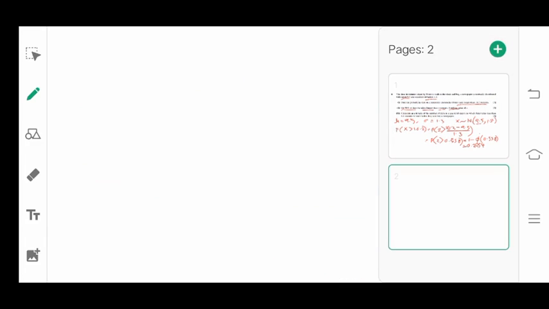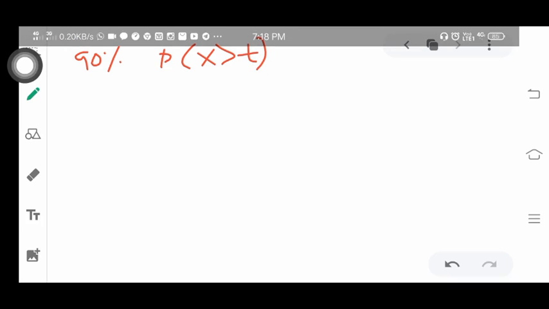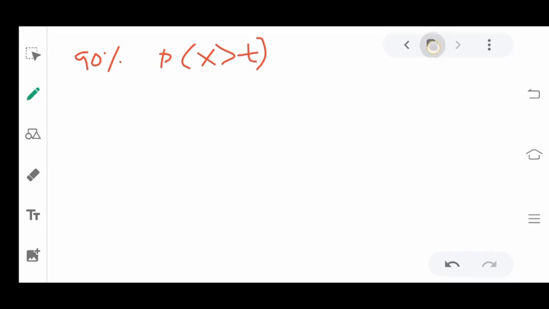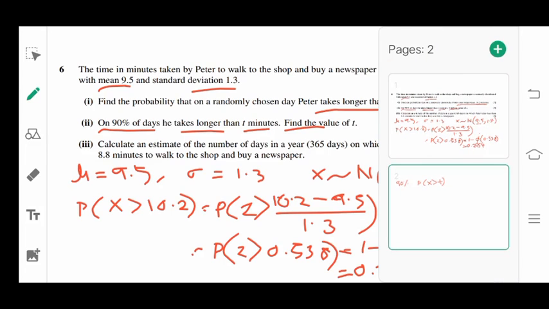It's given that on 90% of days he takes longer than t minutes. That means the probability of x greater than t. Our question is to find the value of t.